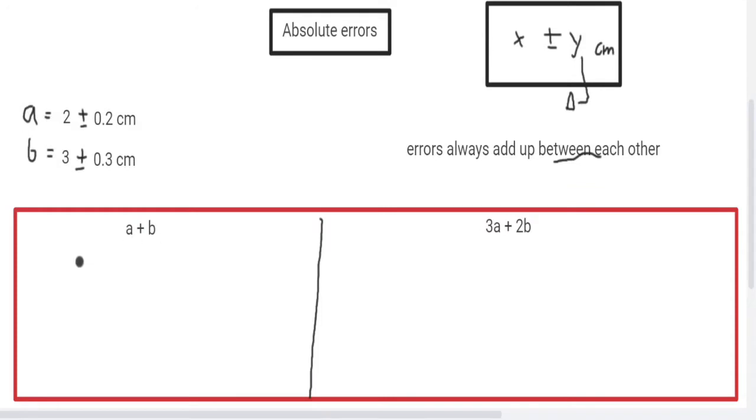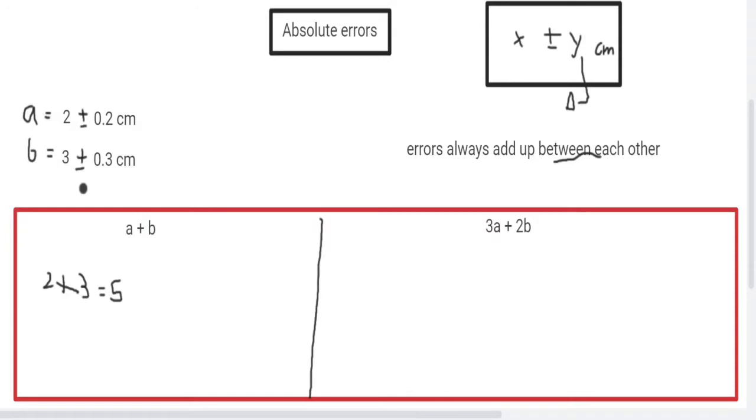So to do that, first I will add my measurements. I would simply do 2 plus 3, which gives me 5. And after that, you would add up those errors.